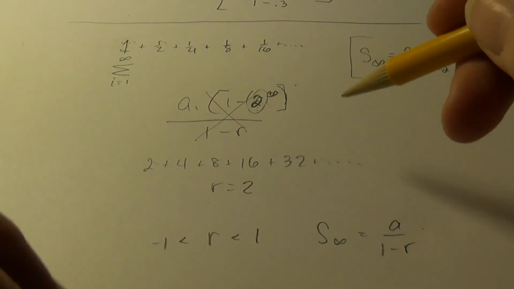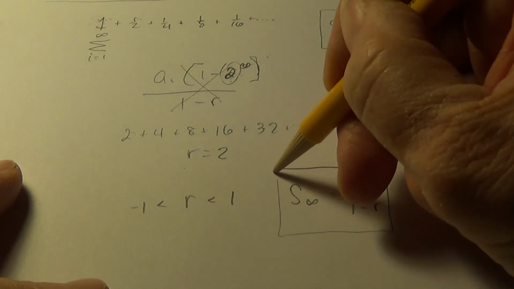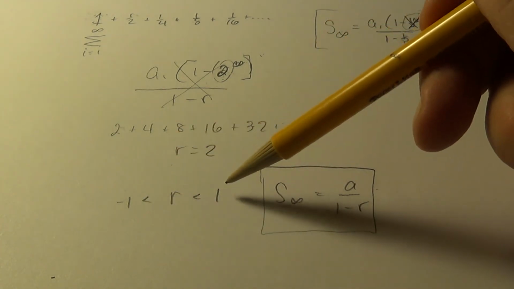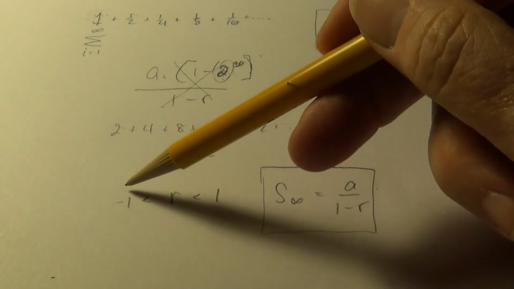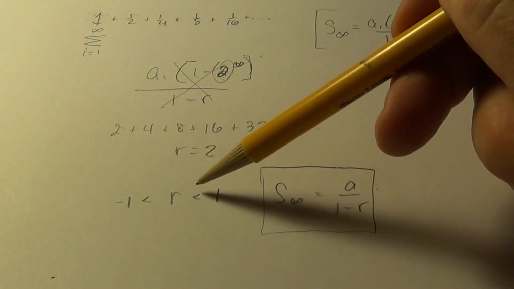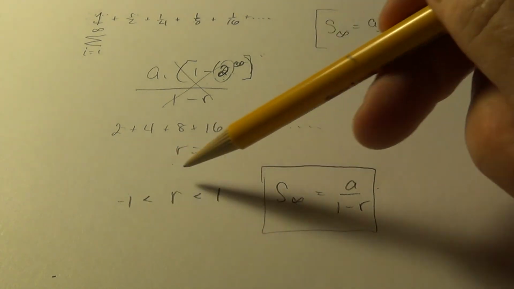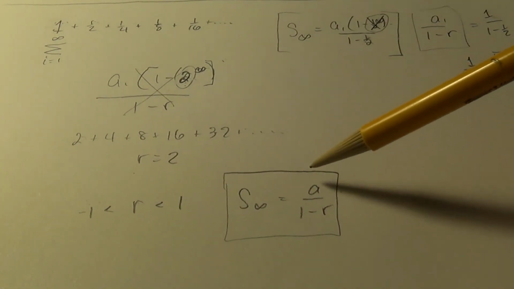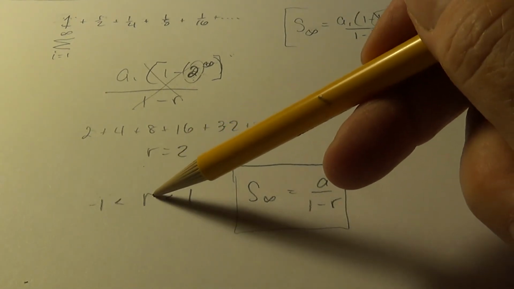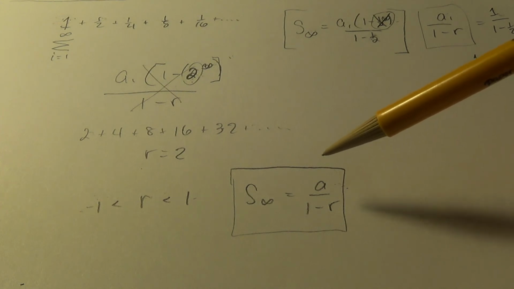All right, so this is our formula for an infinite geometric series sum if r is between -1 and 1. So r is a fraction between -1 and 1, like -9/10 or +3/4. Any fraction within that band will yield an answer, and this will be it. Any common ratio outside of this band will not have an answer.